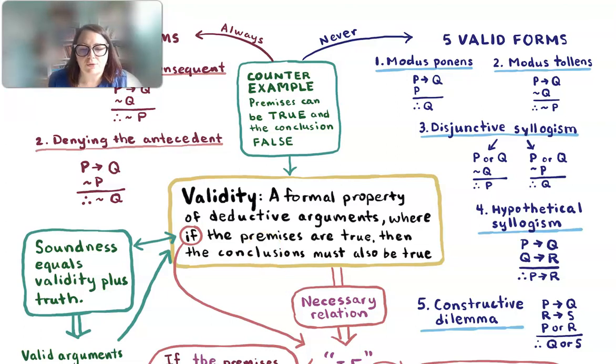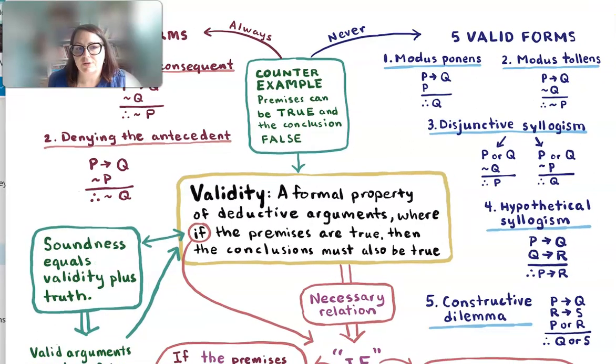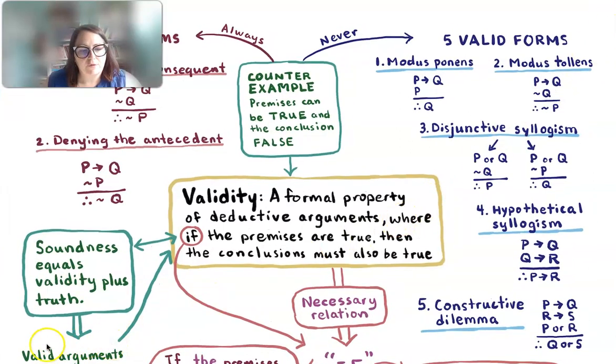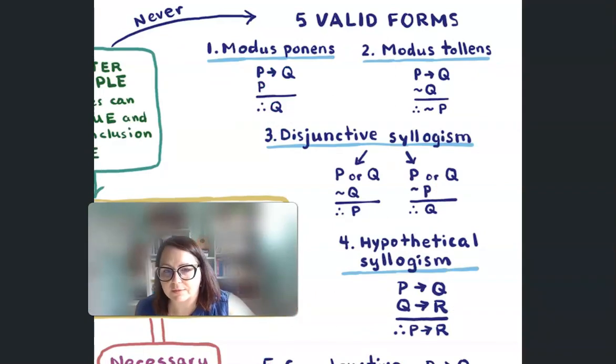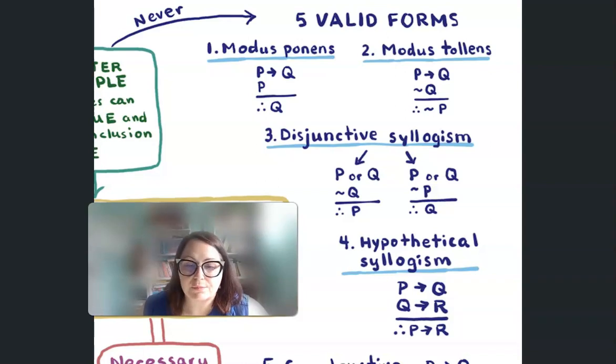So let's show you what it looks like, and you will have gone through this in your readings, for premises to be true where it forces the conclusion to be true. So we have 5 valid forms that we go over in this work. There's more in the world, but these are the big ones that we want to go over.